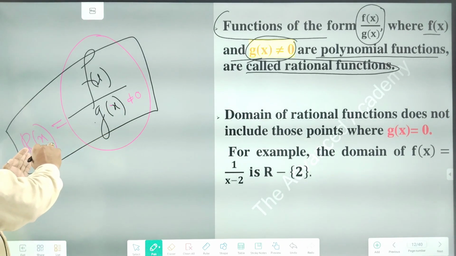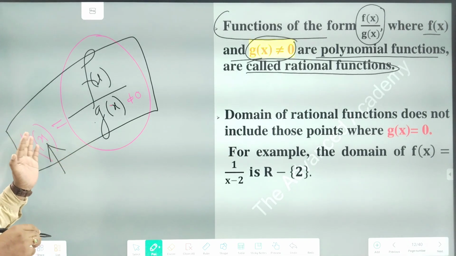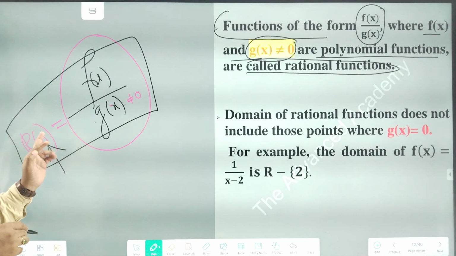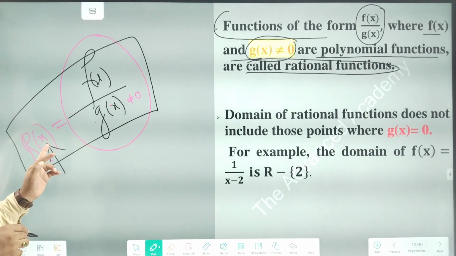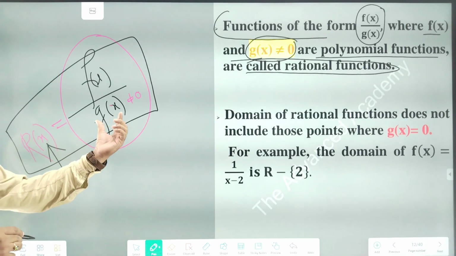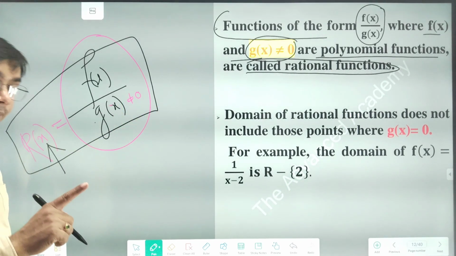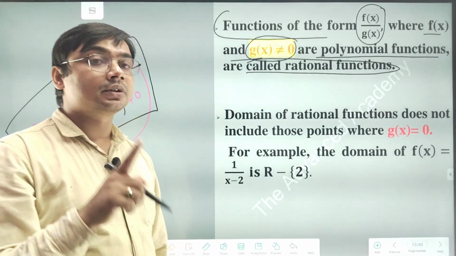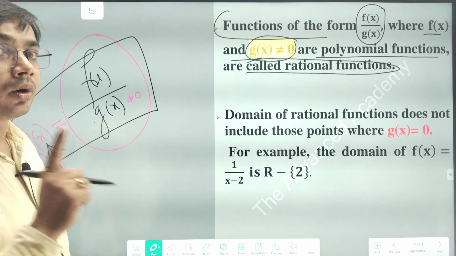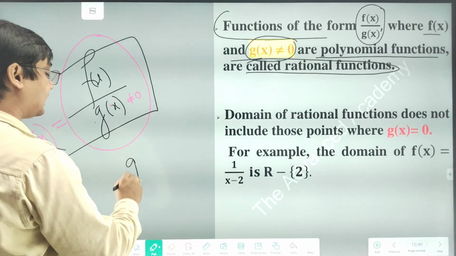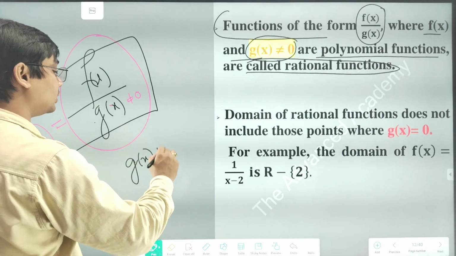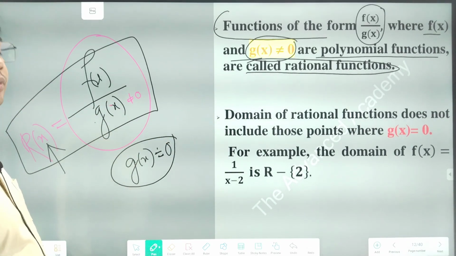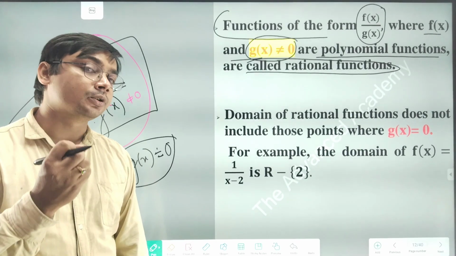The domain of this function is the set of all possible values of x except those at which the value of g of x is 0. That means the domain of any rational function does not include all those points where g of x is equal to 0.